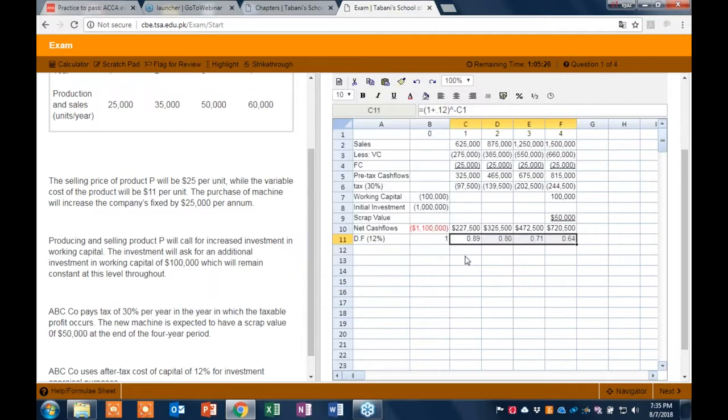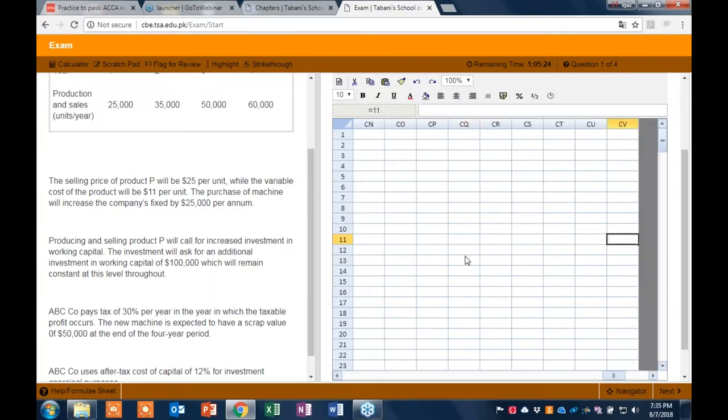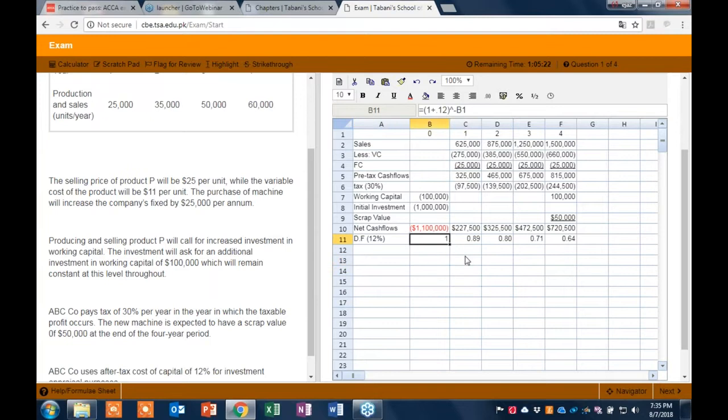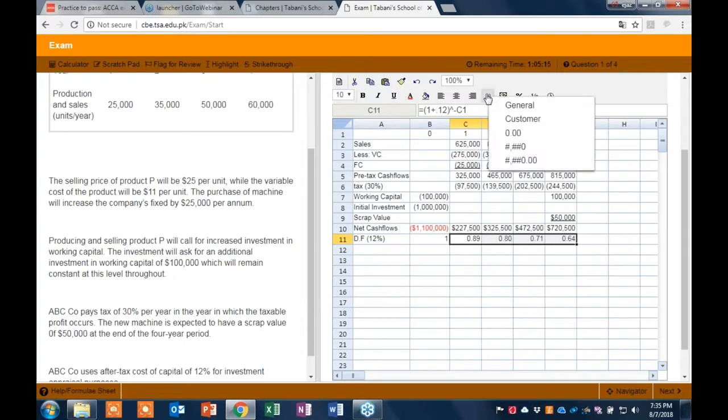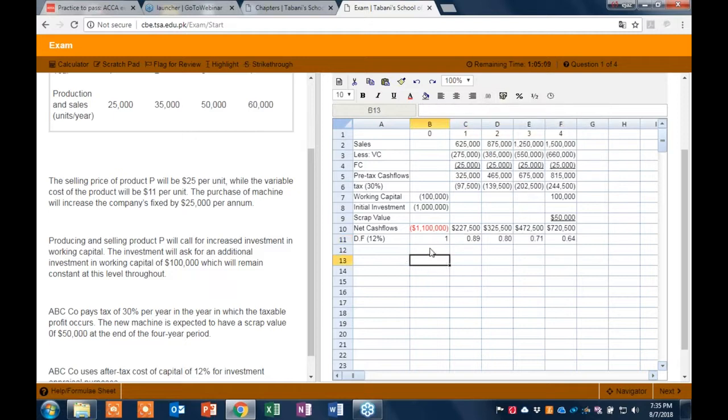Here we go. So it's showing up to 2 decimal places, or we can pick from here as well. All of these have got 2 decimal places. So we've shown it as 2 decimal places.